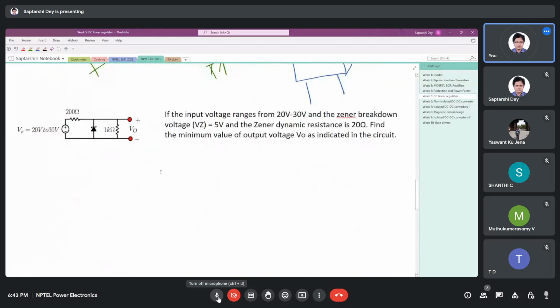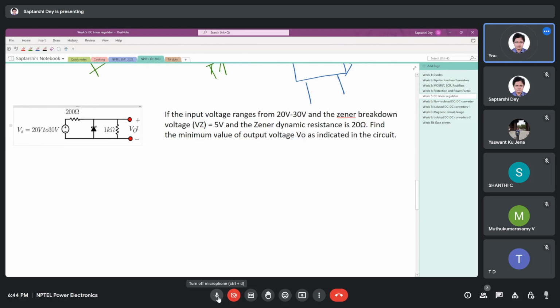Okay, we look into this question. If the input voltage ranges from 20 to 30 volt, the Zener breakdown voltage is 5 volt and the Zener dynamic resistance is 20 ohm, find the minimum value of output voltage as indicated in the circuit.